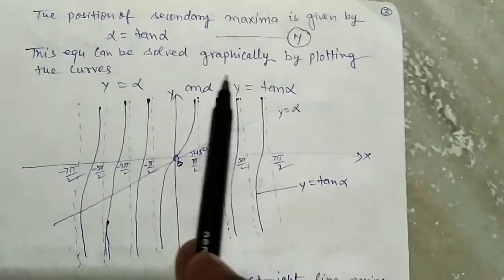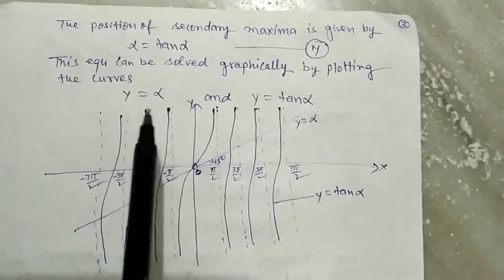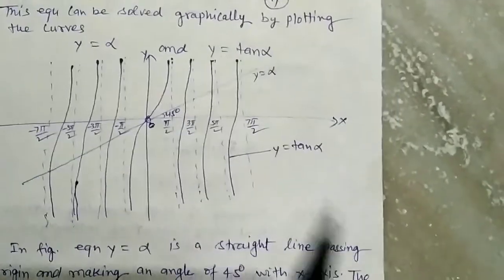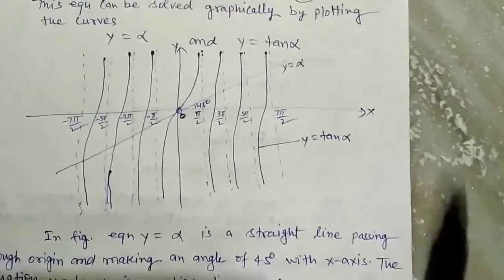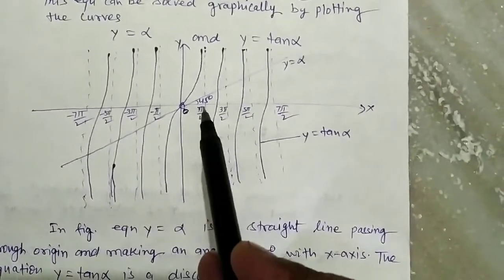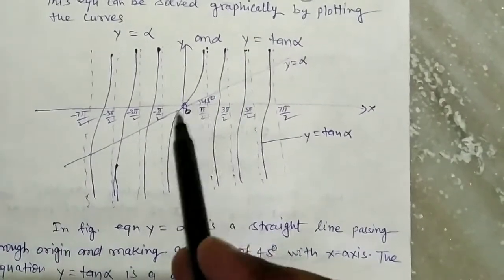This equation can be solved graphically by plotting the curves y is equal to alpha and y is equal to tan alpha. So we have drawn this curve. This is the straight line making an angle 45 degree to the x-axis and passing through the origin.